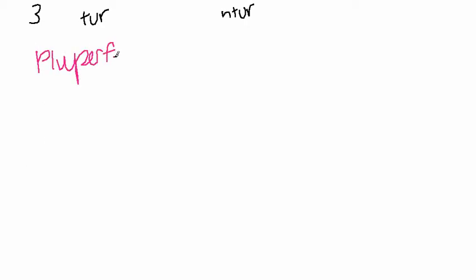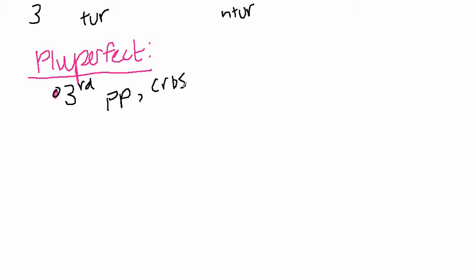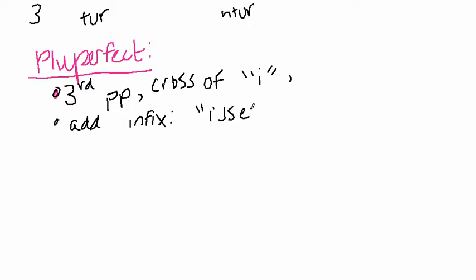Pluperfect. Now again, this is the subjunctive. What you do is you take your third principal part, cross off the I, as we often do, and then you add the infix isse.